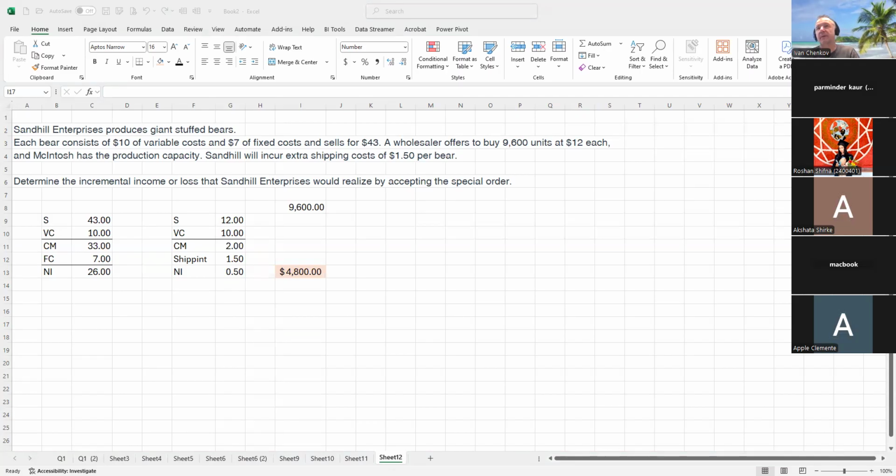Yes, with it we calculate the net income, but that's the normal course of action. A special order does not affect our capacity, and we're assuming that we're already above the break even. When we're above the break even, is the fixed cost relevant for our decision?